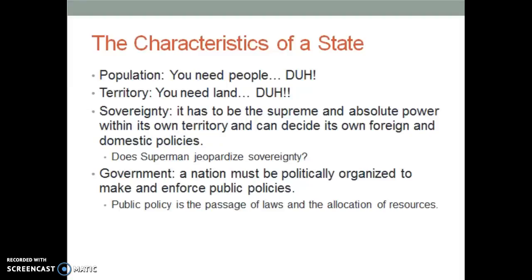A government in a nation must be politically organized in order to make and enforce policies. And remember, public policy is the passing of laws and the allocation of resources. So you kind of need those four things, and I think they're kind of straightforward, but it's helpful to go through and define so that we can make sure we're on the same page.